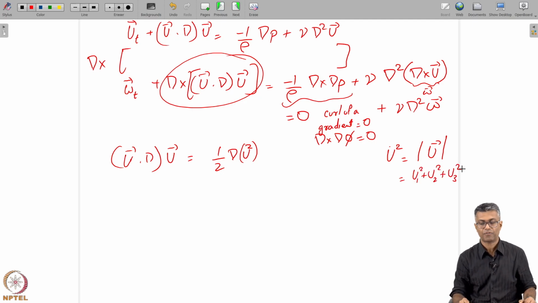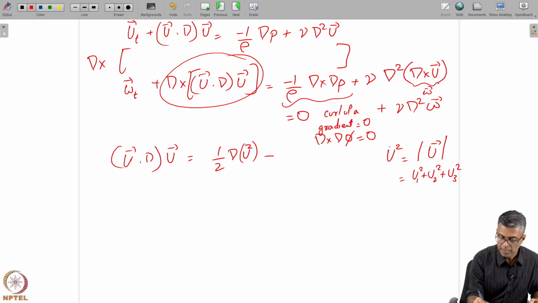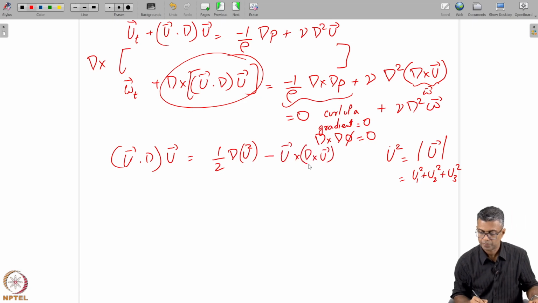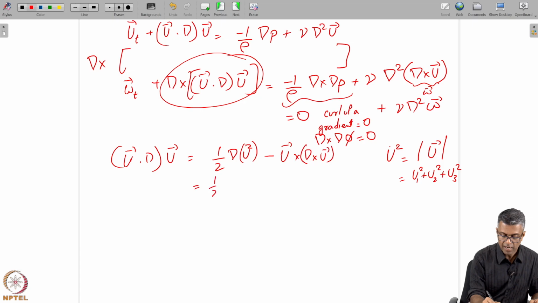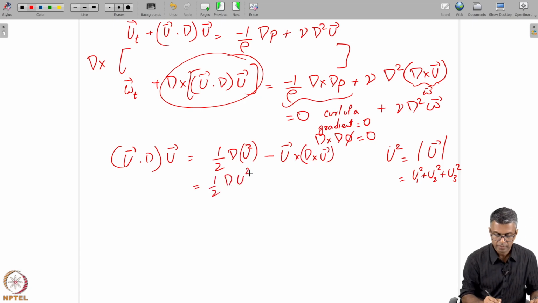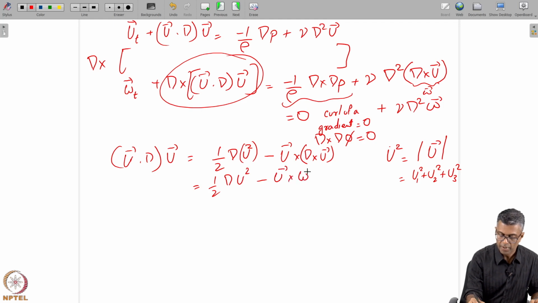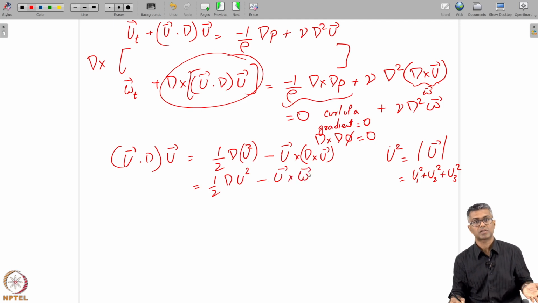So I have half del u squared minus u cross del cross u. Okay, so then I have half del u squared, and this is minus u cross omega, because del cross u is omega.